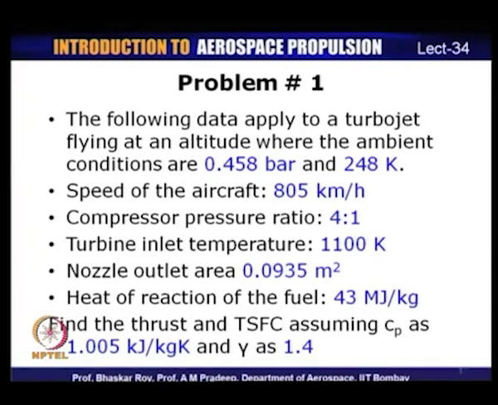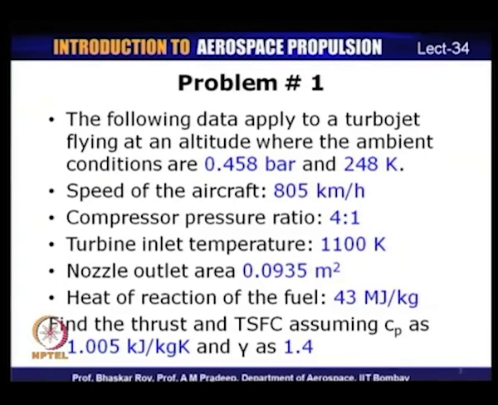Heat of reaction of the fuel, or calorific value of the fuel, is 43 megajoules per kilogram, and we are required to find the thrust and the specific fuel consumption, assuming Cp as 1.005 kilojoules per kilogram Kelvin and gamma as 1.4. This particular problem applies to a pure turbojet without any afterburning.